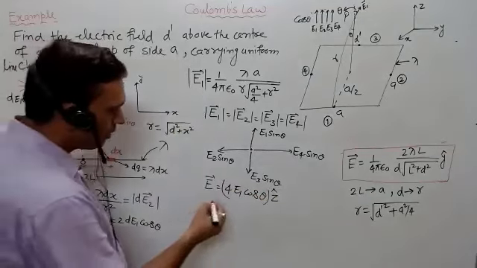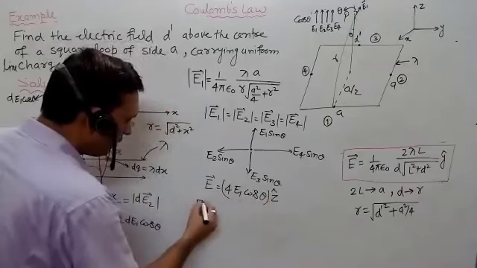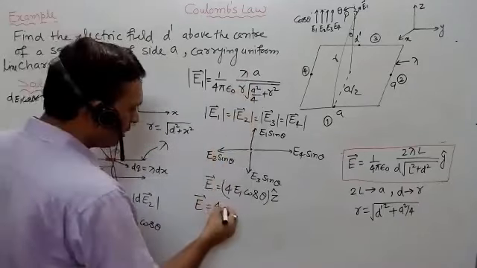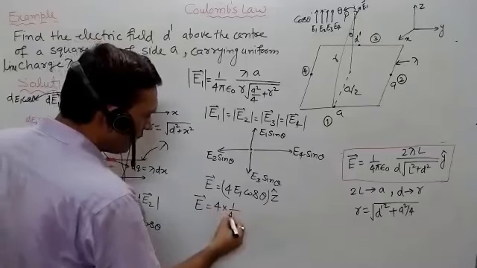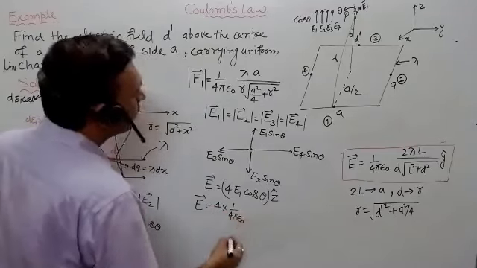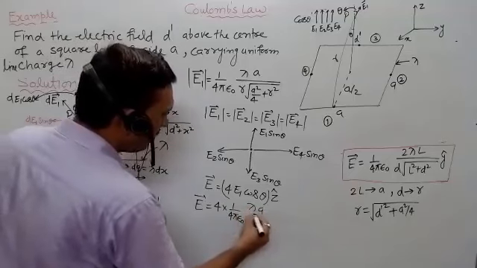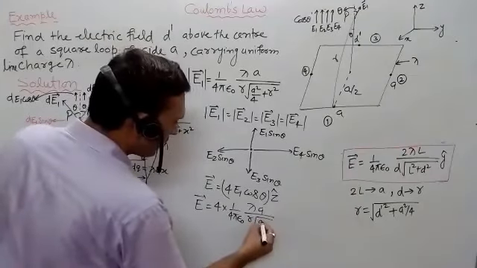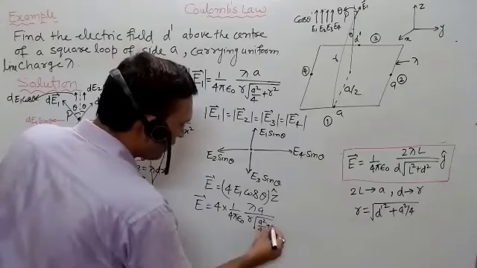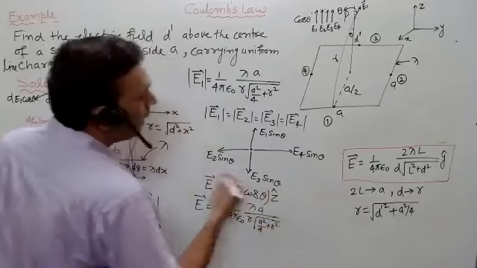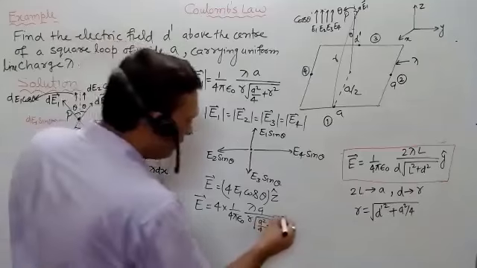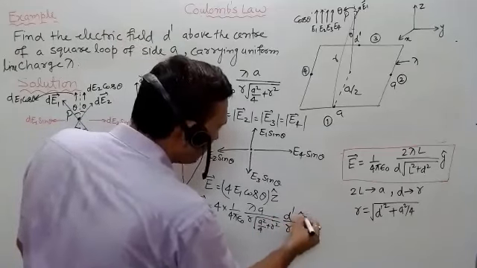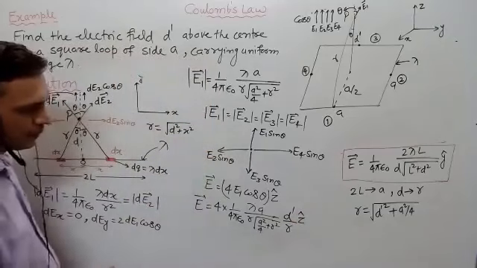So we can write E as 4 times E1, which is 1 by 4 pi epsilon naught lambda a by r under root a square by 4 plus r square, and cos theta is d dash by small r. Direction is z cap.